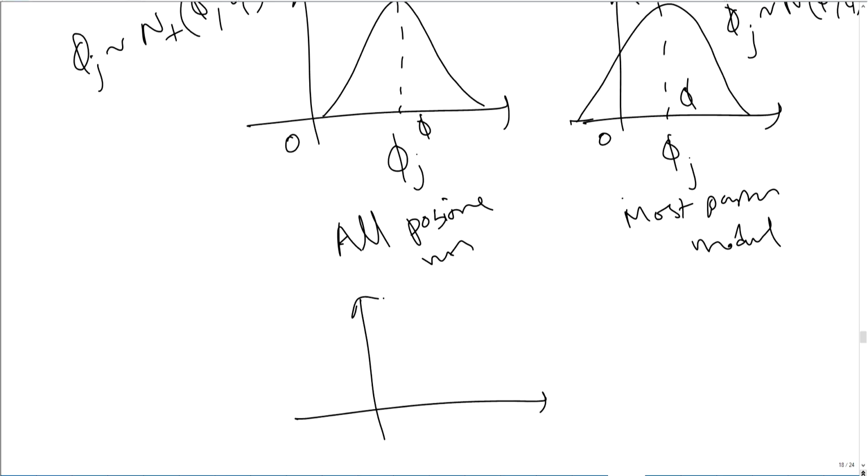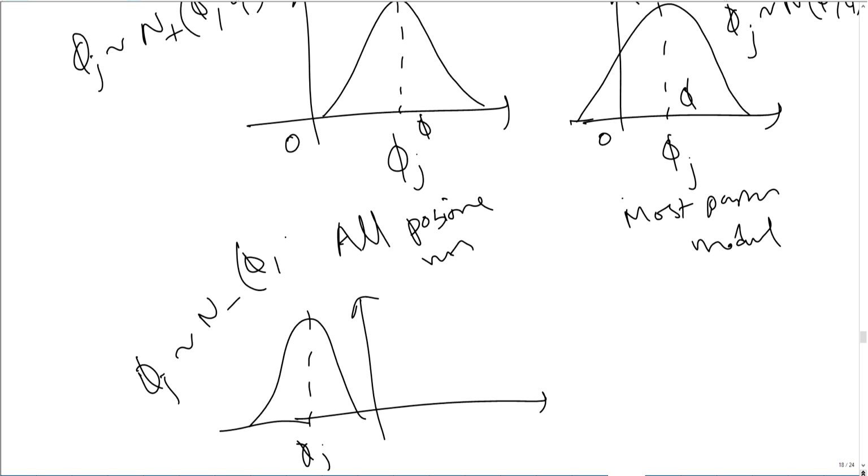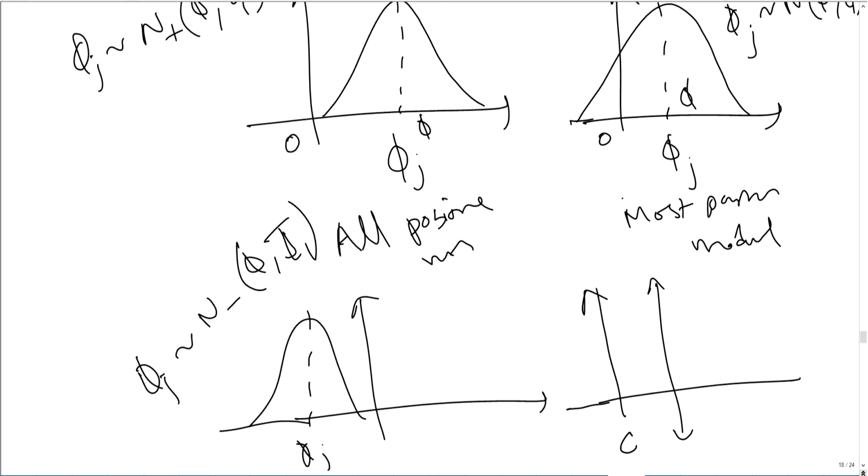Then you can have a model where all individuals have negative value of phi. Okay. So, this would be phi j normal truncated such that all values are negative, right. And then you can have all individuals have negative value of phi, but they have same value. Okay.